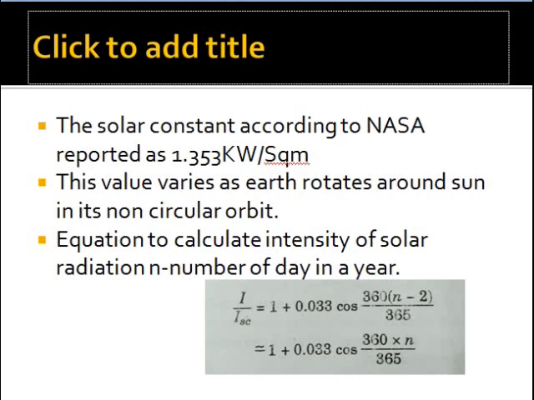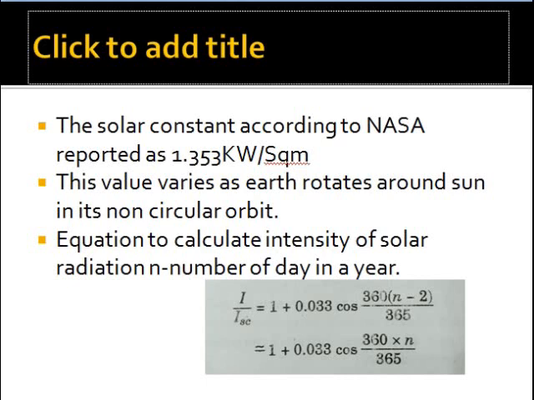Next, if you have to calculate the intensity of radiation at any point of time, maybe in summer or winter, at some point of the day, there is an equation.